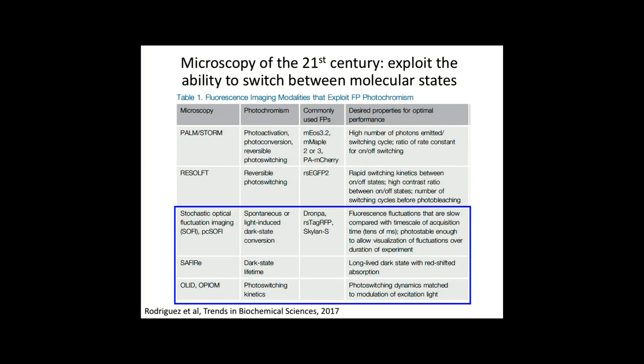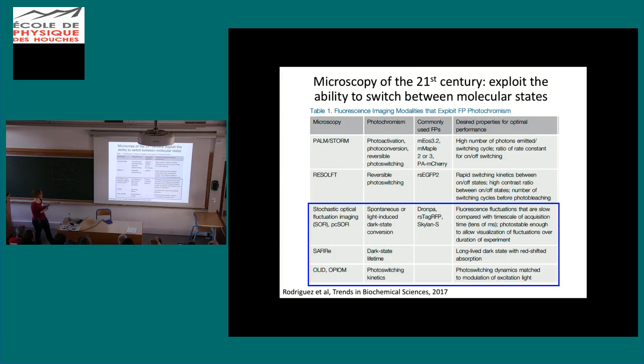But there are also blinking microscopies, I guess you could call them, or microscopies that leverage the fact that there are bright and dark states, transient or spontaneous transitions between bright and dark states, or the fact that if you have probes that have differences in photo switching or in dark states, you could lock in on signals from different kinds of probes.